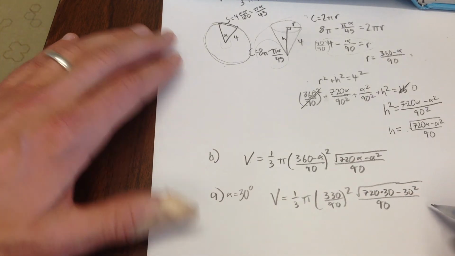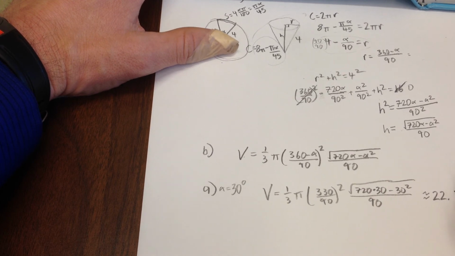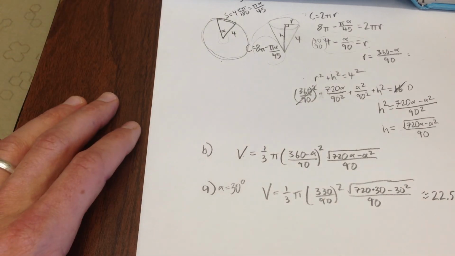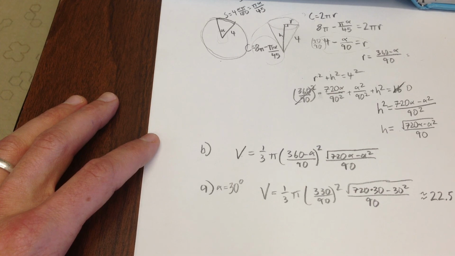You can punch that into a calculator or simplify as much as you want. You're supposed to round off to the nearest tenth, and you get 22.5 cubic inches. So that is how you calculate the volume of the cone using arc length.